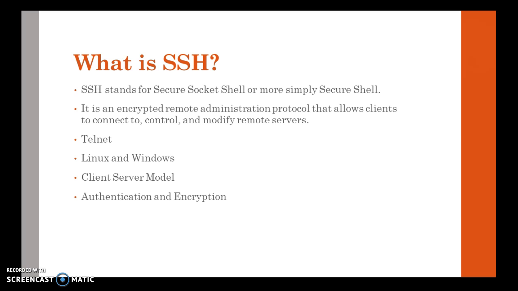So each message that is transmitted will contain a MAC, or a message authentication code. It is then calculated using the symmetric key, the packet sequence number, and the message contents.